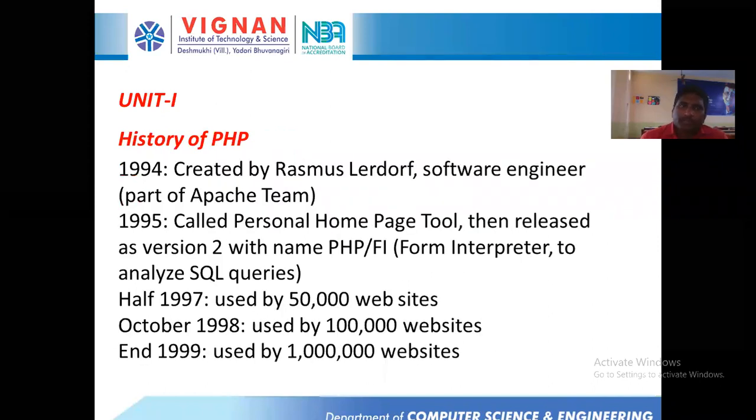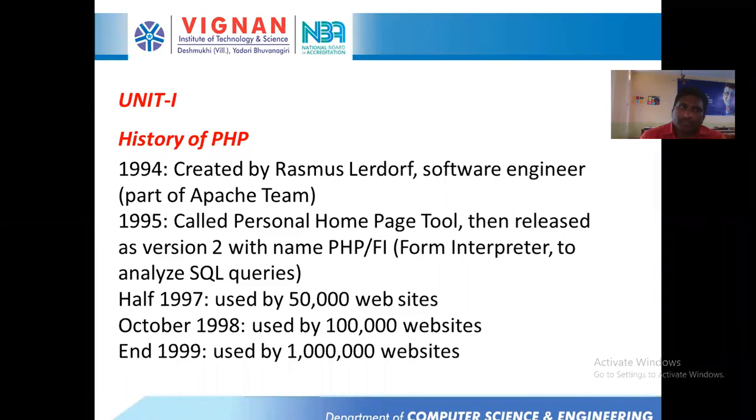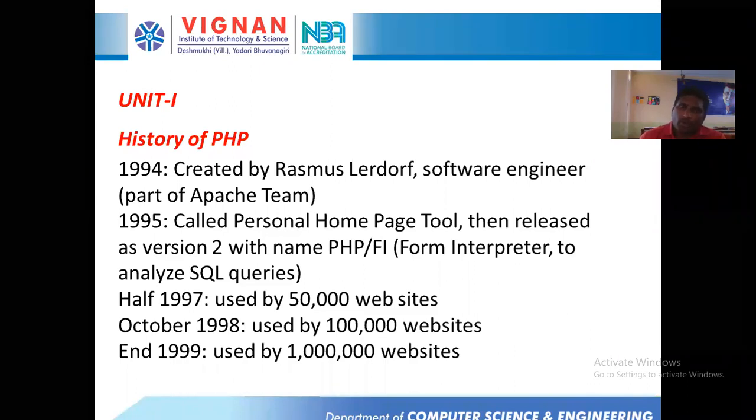Coming to PHP history, it was created by Rasmus Lerdorf, a software engineer of the Apache team. He developed a small piece of code to create dynamic content on the server side. It is a scripting language, registered with the name Personal Home Page Tool, nothing but the PHP tool.